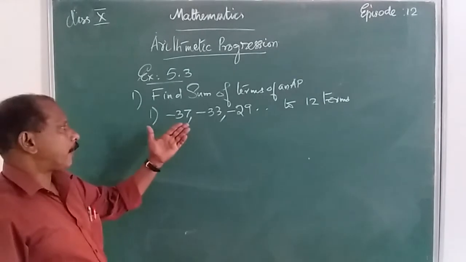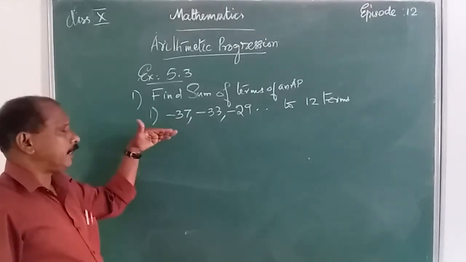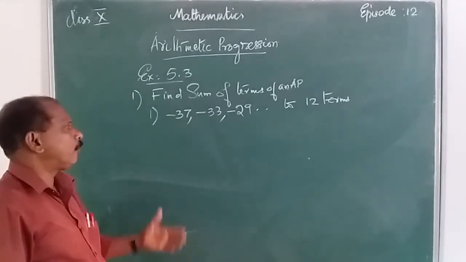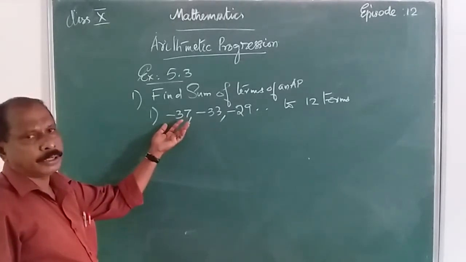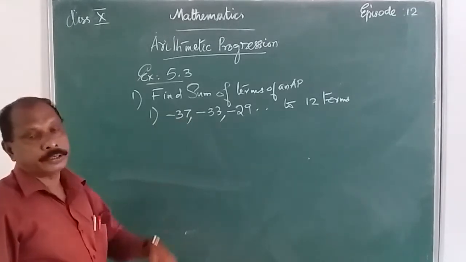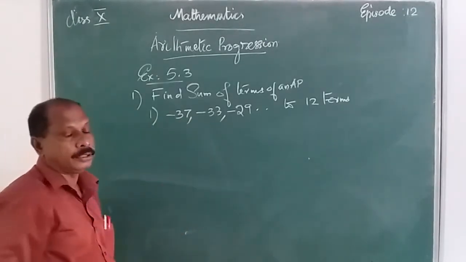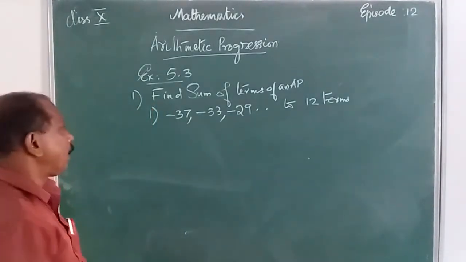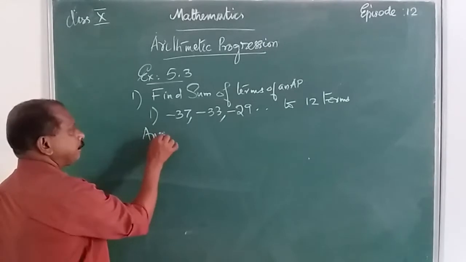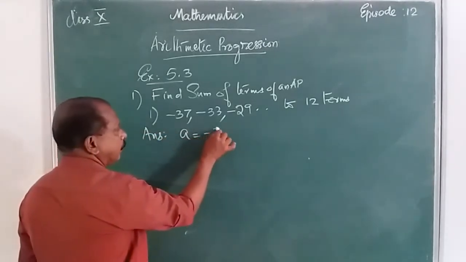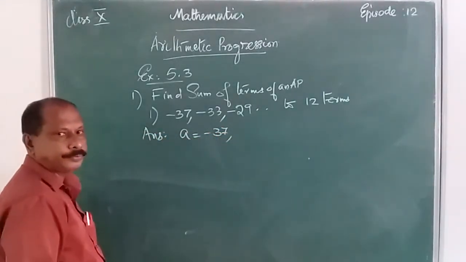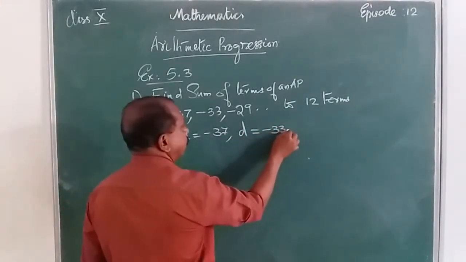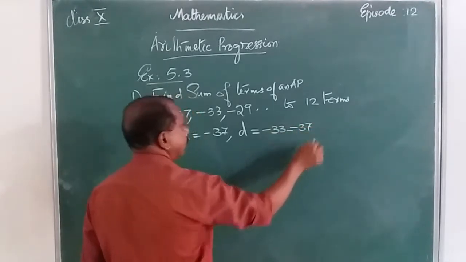Listen, from this question we have a sequence of terms. Therefore, the first term is -37 and we find the common difference. The number of terms is 12, that is n = 12. So a = -37. Then d = -33 - (-37).